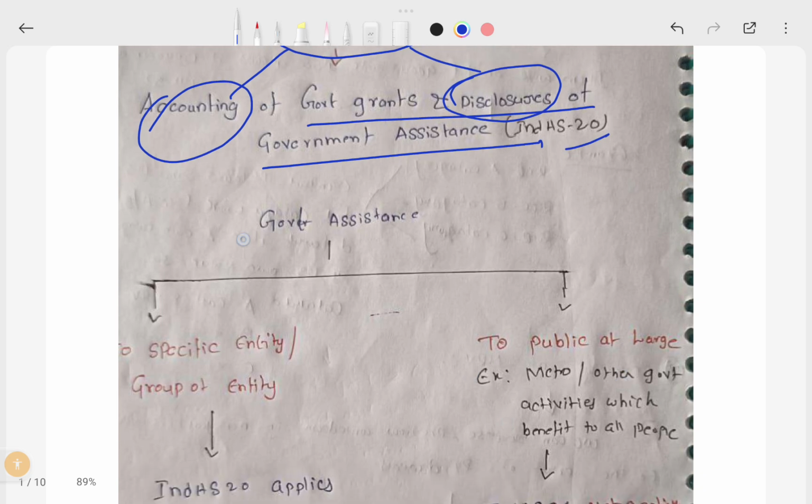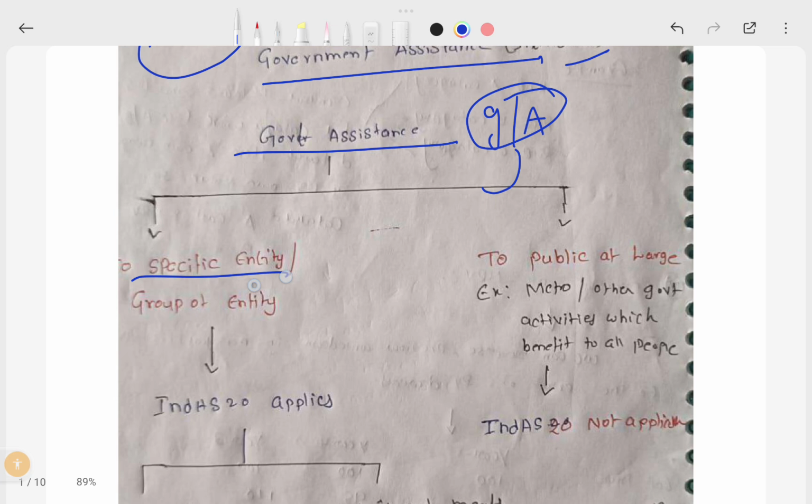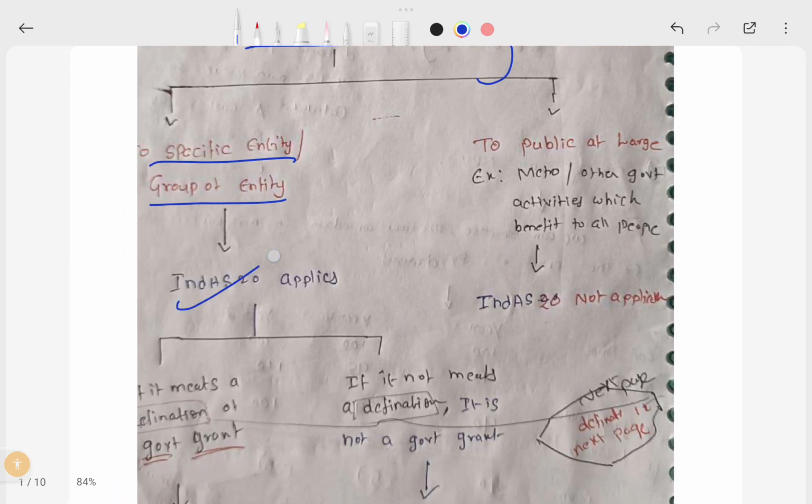First of all, what is government assistance? There is a difference between grant and assistance, so we'll discuss that. Assistance includes grant. We will discuss if any government assists a specific entity or group of entities; that would be when IndAS 20 applies.